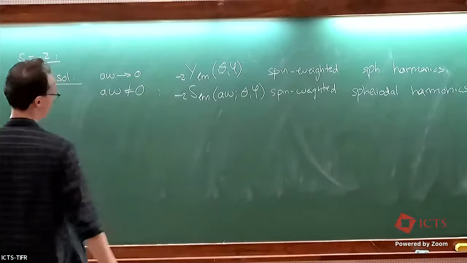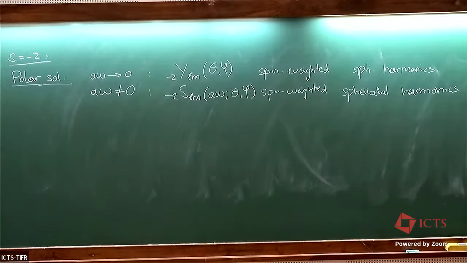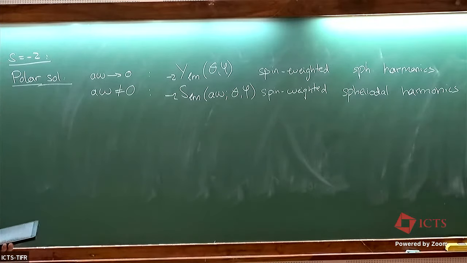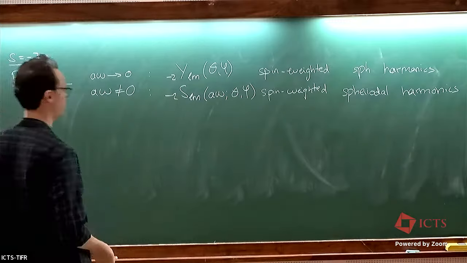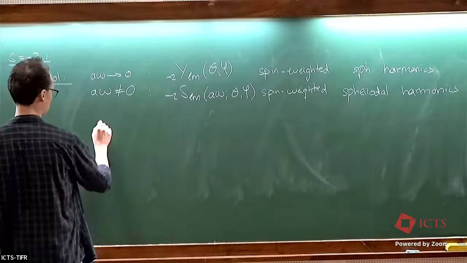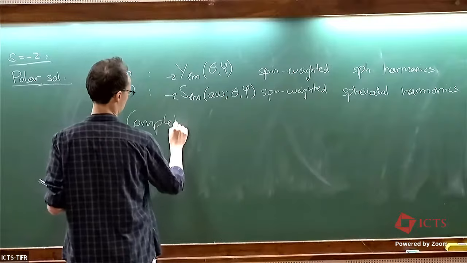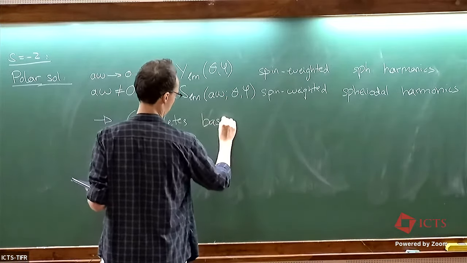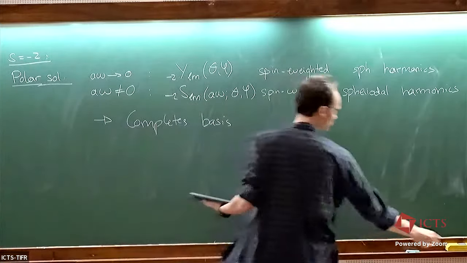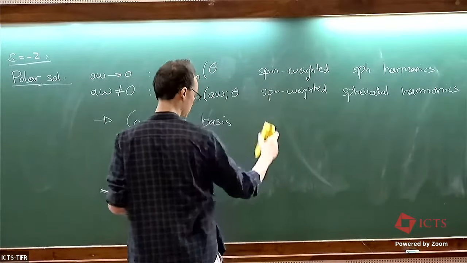Okay? And basically, I don't want to write down an expression for this. In general, you can only find it numerically. In the small a omega limit, you can find some perturbative expressions, but ultimately, it's not too important what these actually are. One important fact about them, though, is that they form a complete basis. Perhaps I should not be sloppy with the dependencies, because technically it doesn't depend on phi, but usually people include that dependence.